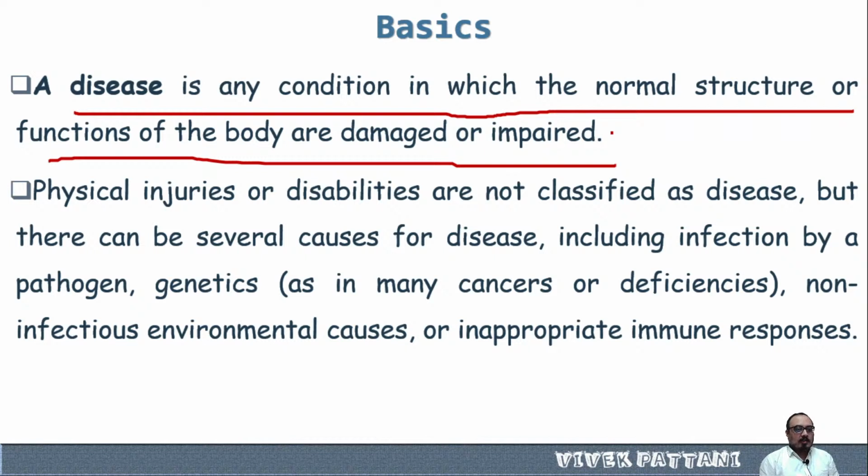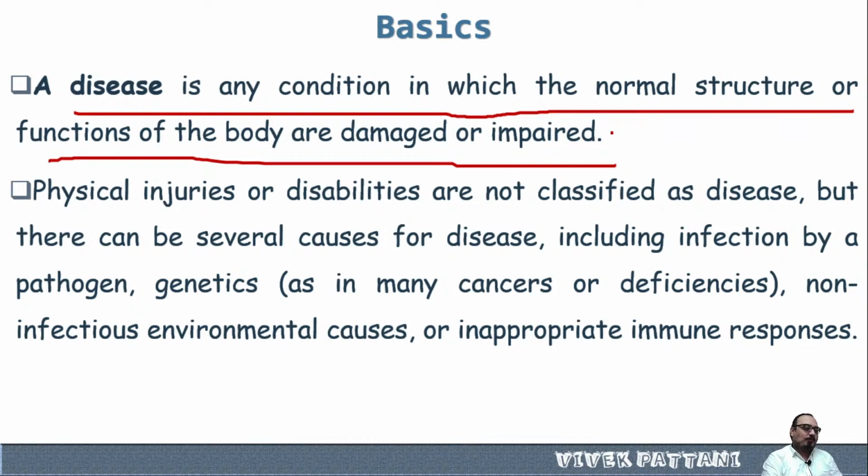There are several causes of disease, including infection by a pathogen, and even genetics, for example various diseases such as diabetes, as well as some of the cancers, which is also a diseased condition, and non-infectious environmental factors, as well as inappropriate immune responses, that is in the case of autoimmune disorders.